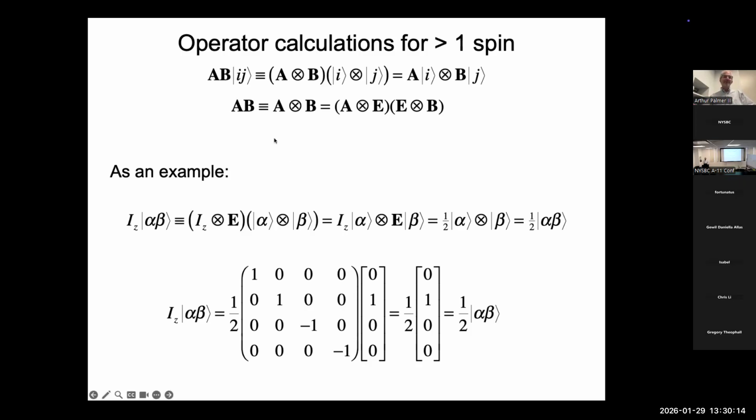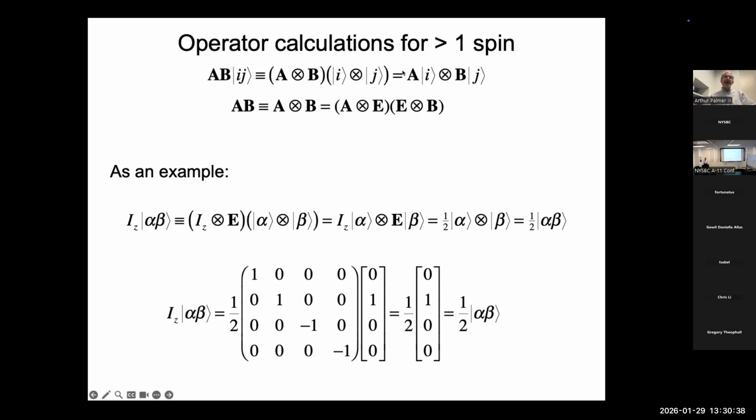So if I have two operators A, B here, I always write that A goes with the first spin, which I'll call I, and the B is associated with the S spin. And in the wave function, the first index goes with the I spin and the second index goes with the S spin.